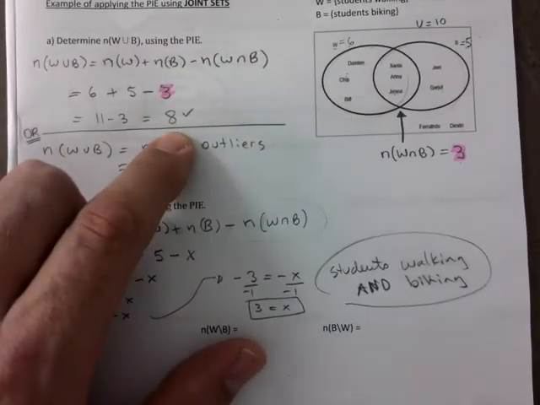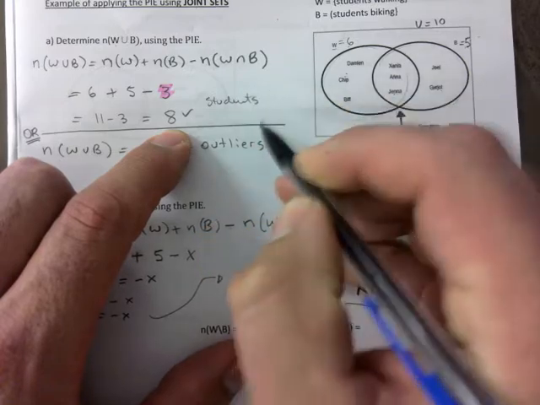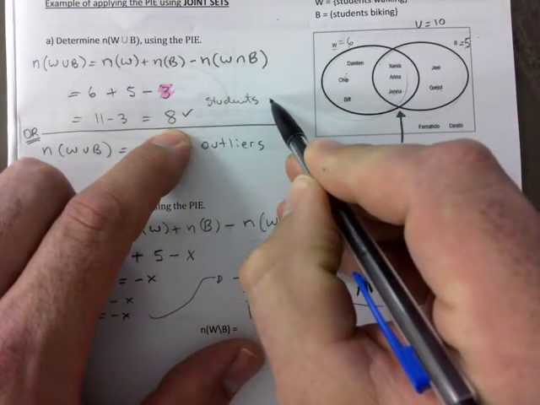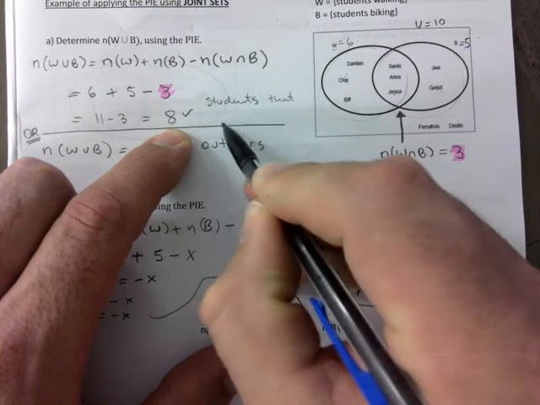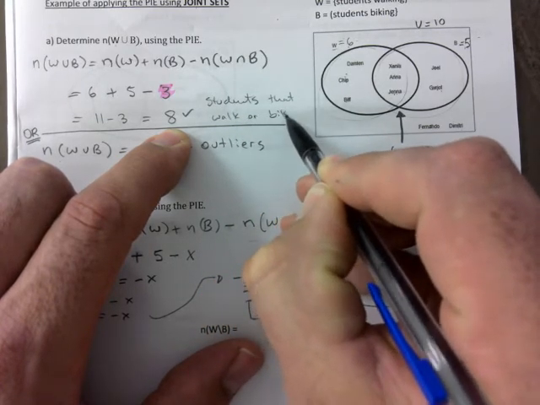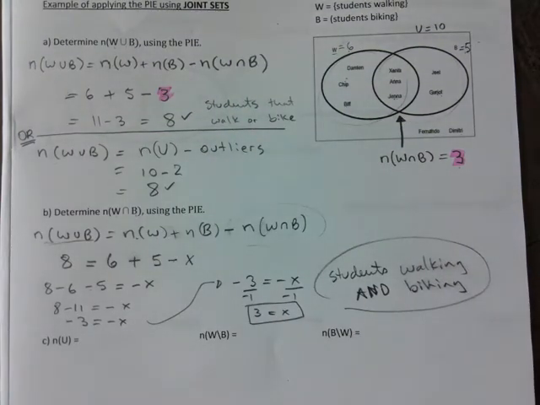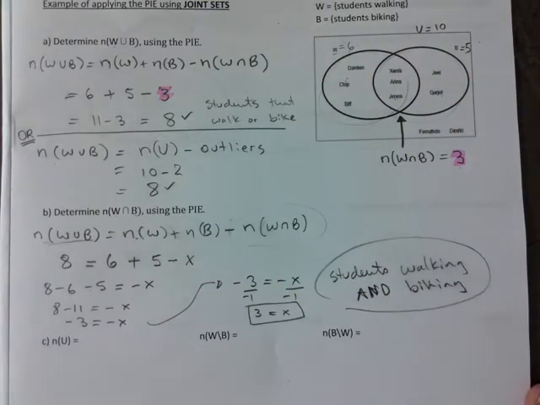What did we find with the 8, the number of students that walk or bike? In this case I'm using walking and biking because I want to keep it the same for this section, but that could very much vary depending on the situation.